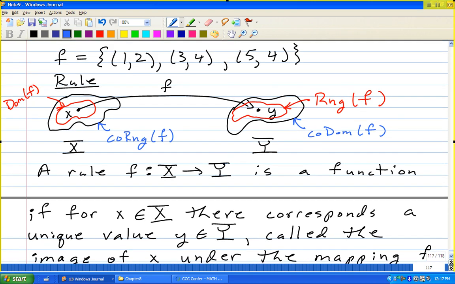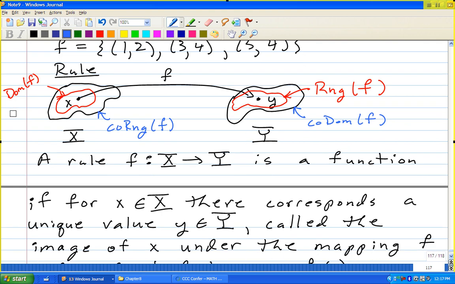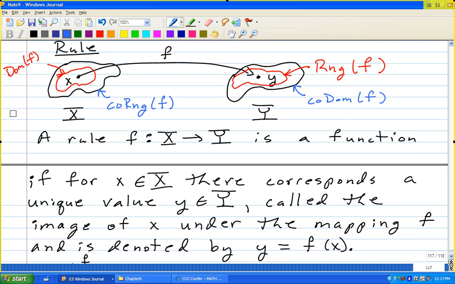Some books have that the co-range is the same as the domain, so they restrict it. But I won't necessarily because I'm lazy. Okay, so let's do some examples. So just remember that for any x, you can only have one y.